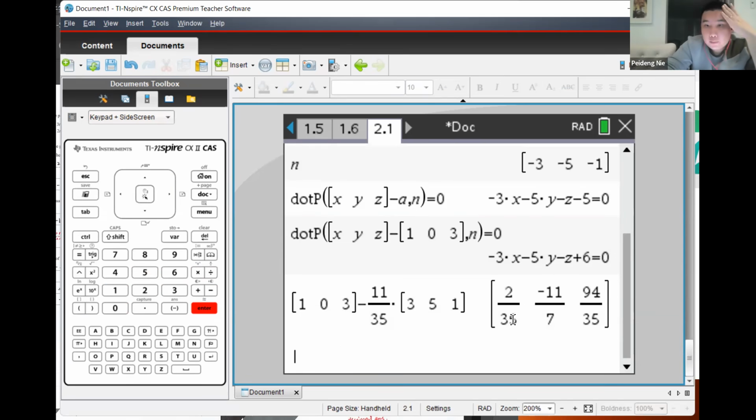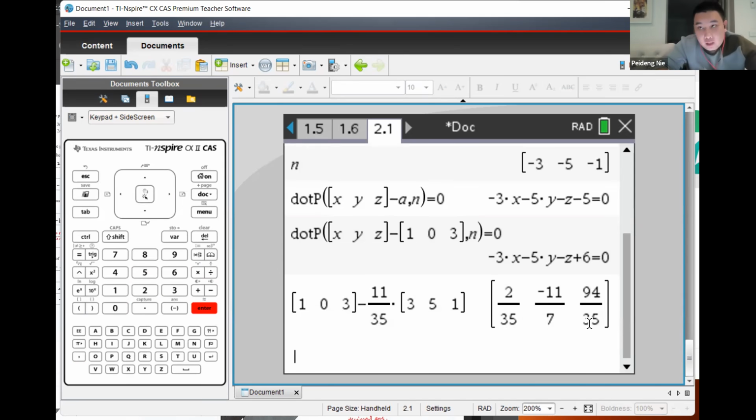So I should have this point here: 2 over 35, minus 11 over 7, 94 over 35. So better write this down. You always want to use coordinate pairs, or coordinate triples, now that we are in 3D space.